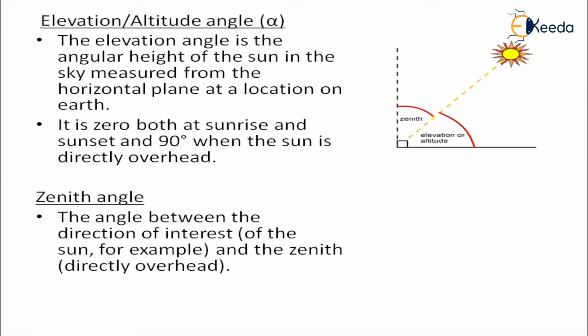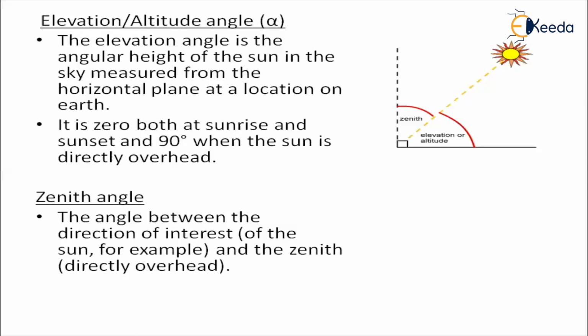That point is usually known as the zenith. Zenith means 90 degrees. At sunset it is 0. From the horizontal, whatever angle the sun makes with respect to one point on the surface of the earth, that angle is known as the elevation or altitude angle.